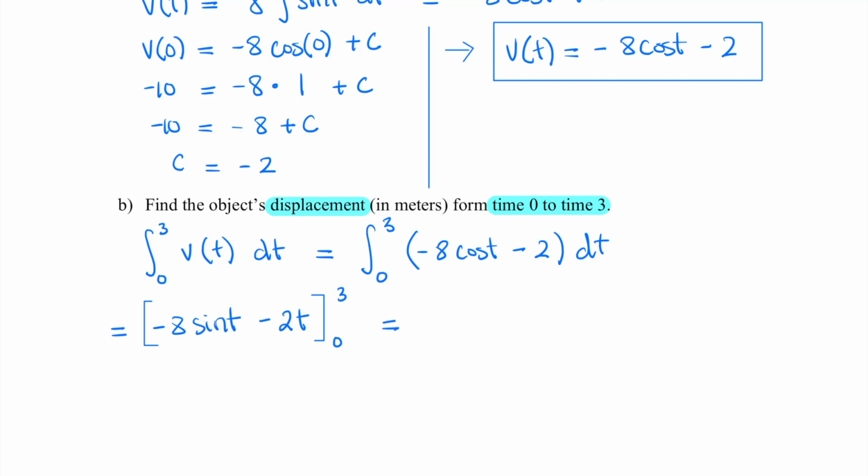First, we plug in t equals 3. So we have negative 8 times sine of 3 minus 2 times 3. Minus, now we plug in t equals 0. So we have negative 8 times sine of 0 minus 2 times 0.